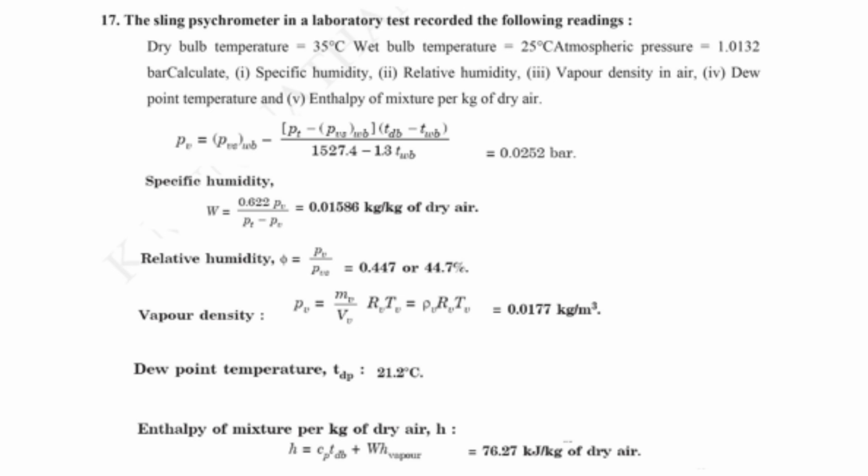The dew point temperature is also a known value. From that we can calculate the enthalpy of the mixture per kilogram of dry air: h is equal to Cp T_dp plus W h_vapor.